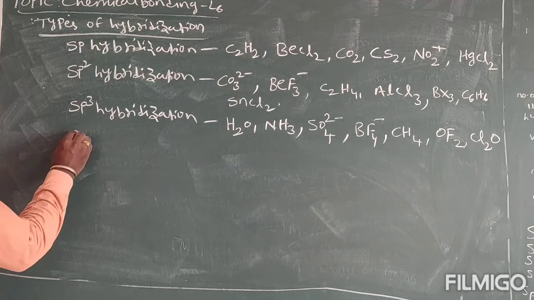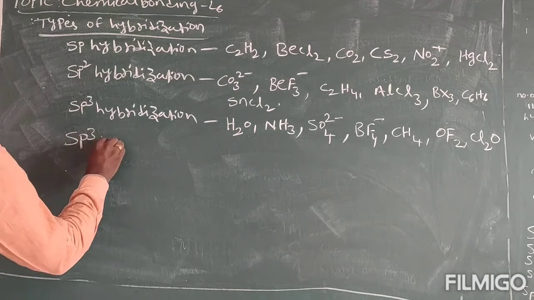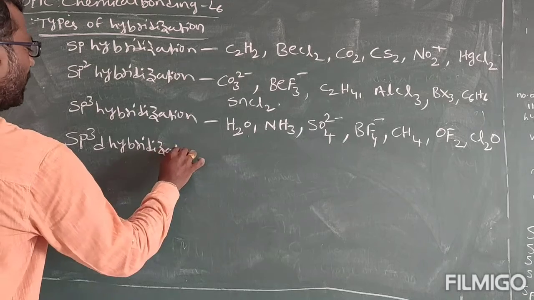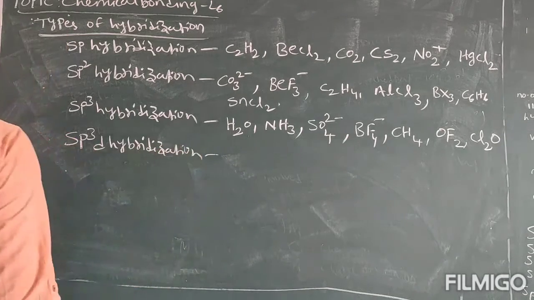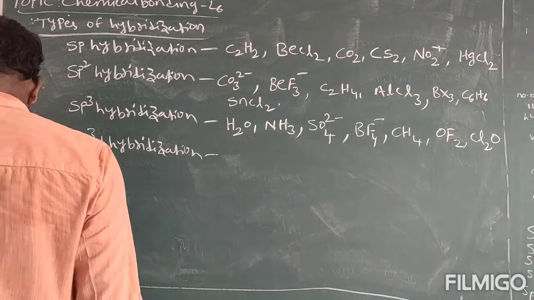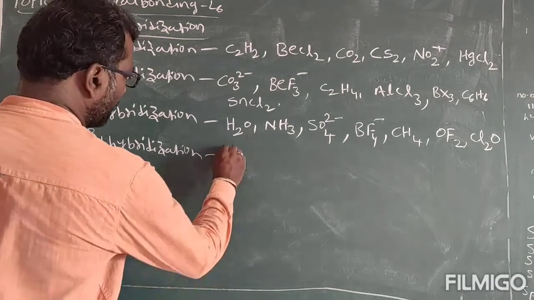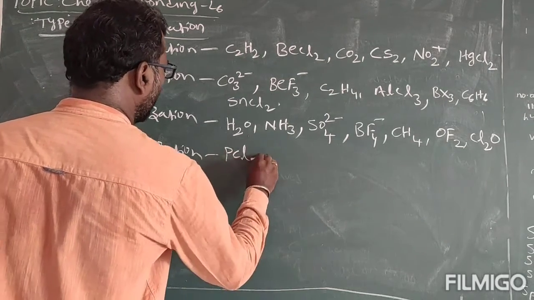Next, sp3d hybridization. The compound which undergoes sp3d hybridization, the example we have, is PCl5.